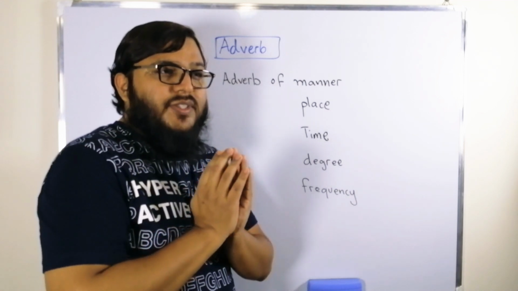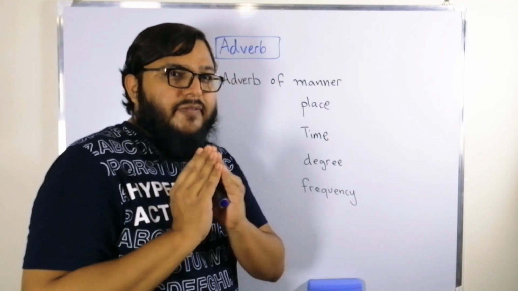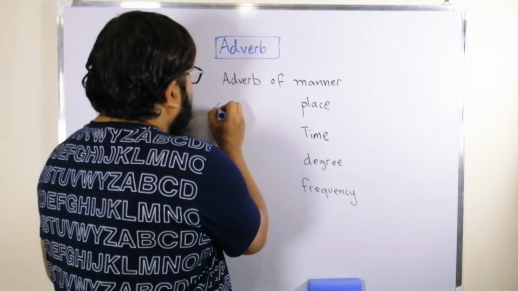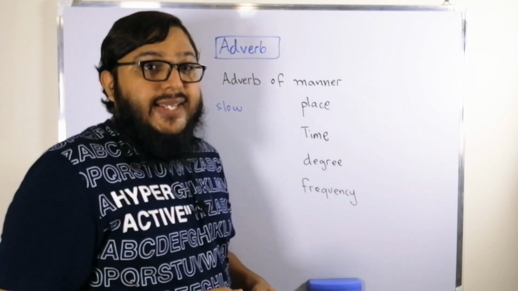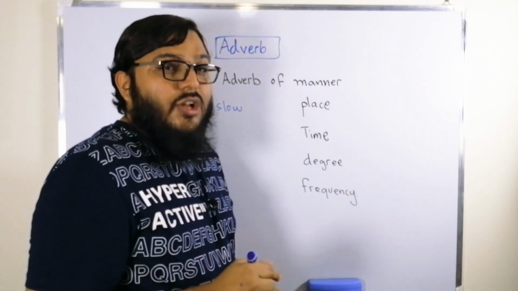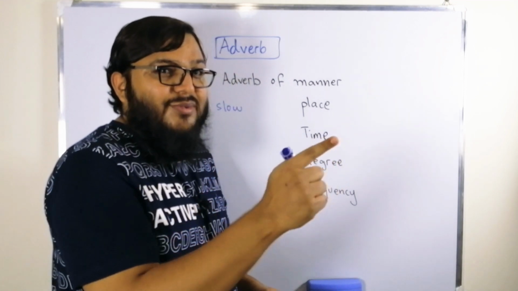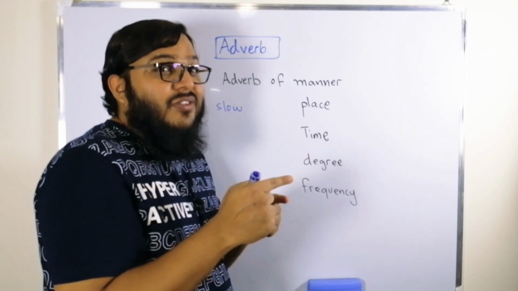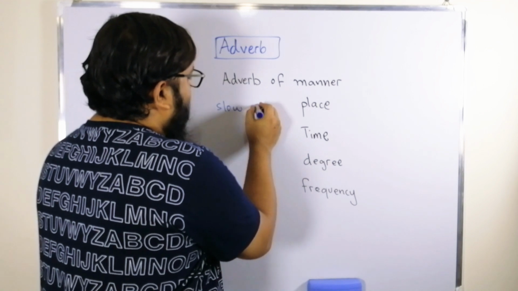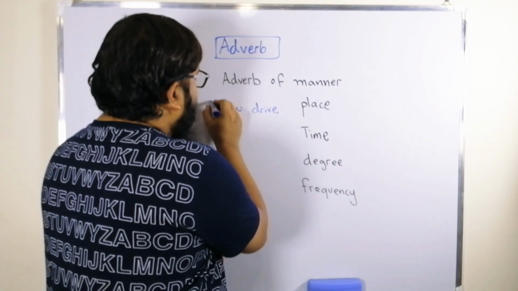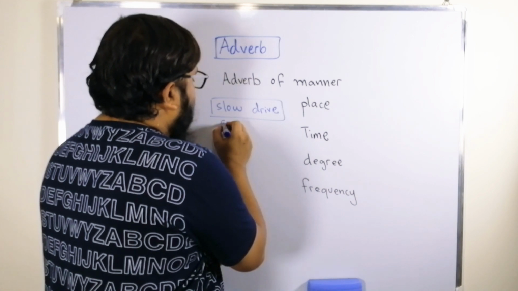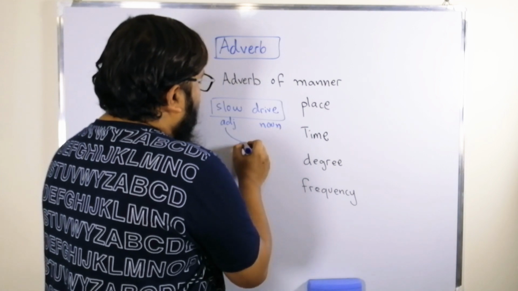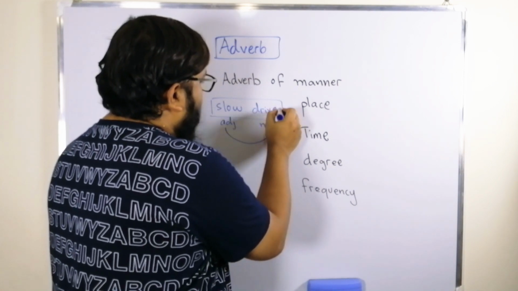Some adverbs are actually made up from adjectives. For example, the word slow is an adjective. You are a slow driver. So slow is an adjective which describes a noun. What is the noun here? Driver. Slow driver. So slow describes the noun driver.